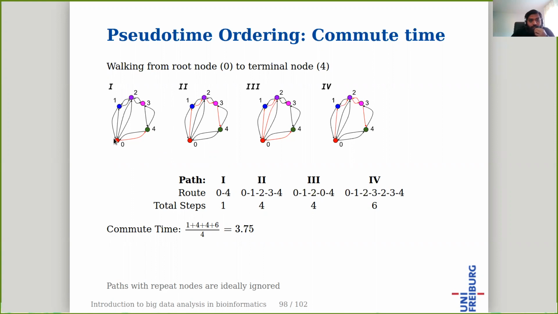So we compute the commute time. We take different routes. 0 to 4 can be done directly, so here the commute time is 1 hop, so 1 step. It can also be 0 to 1, 1 to 2, 2 to 3, 3 to 4. That's 4 steps. It can also be 0 to 1, 1 to 2, 2 to 0 again, 0 to 4. That's 4 steps, and so on.